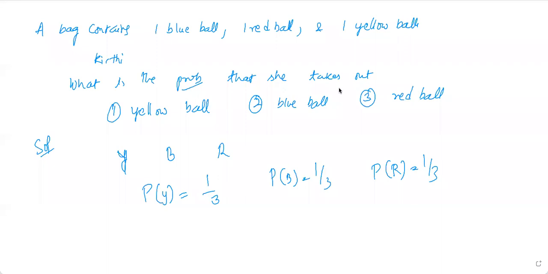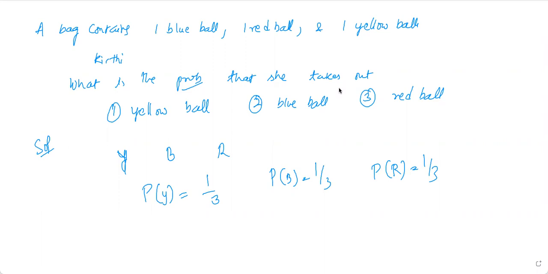We found the probability of events Y, R, and B, and learned that such events with one favorable outcome are termed elementary events. Probability of Y is equal to probability of R is equal to probability of B, which is 1/3.